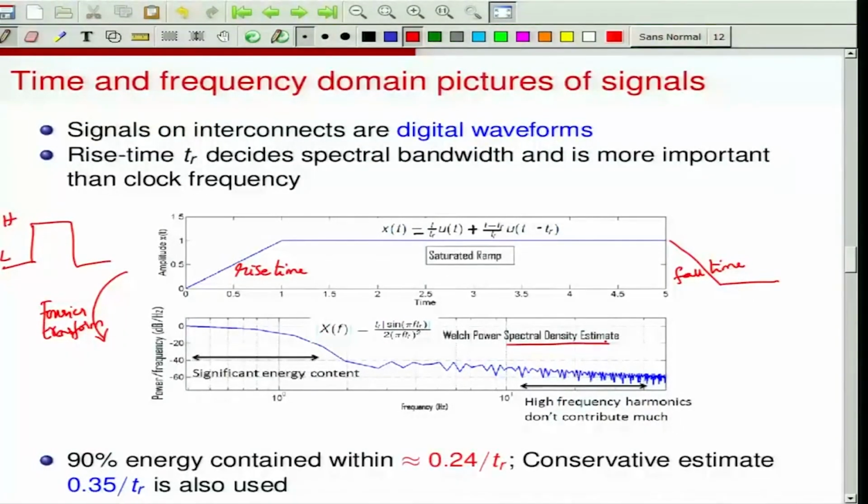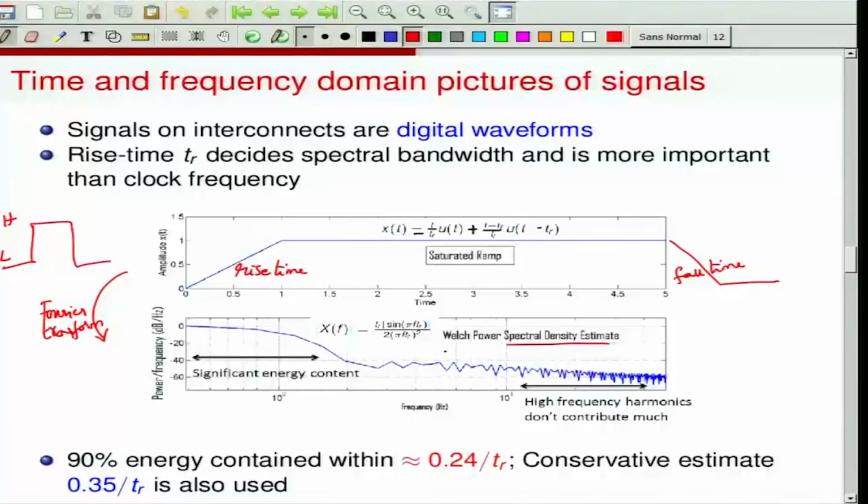Power spectral density will tell you the power that is spread over all the different frequency contents. This was obtained from MATLAB's Welch power spectral density estimate function; we used the function called pwelch to take this time domain waveform and give us the power spectral density estimate.